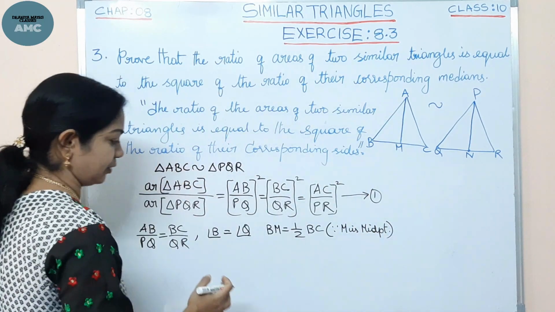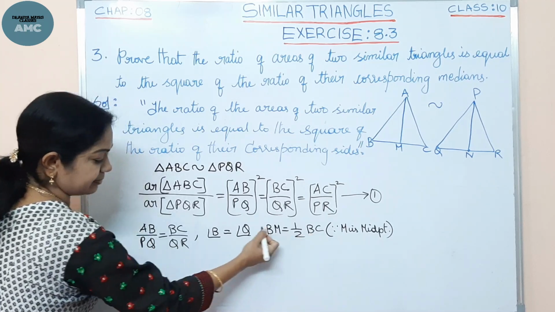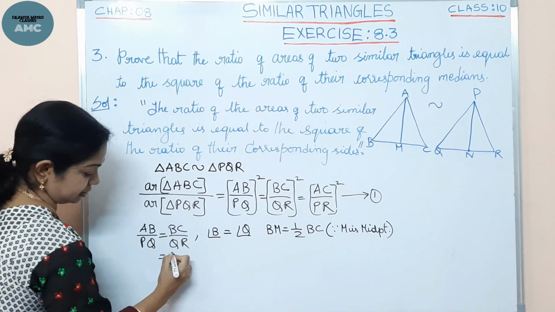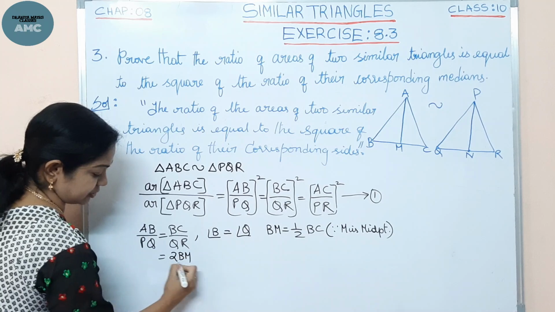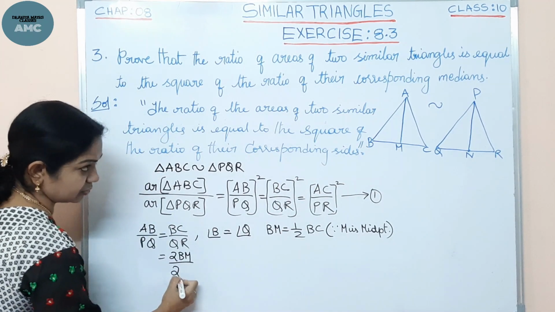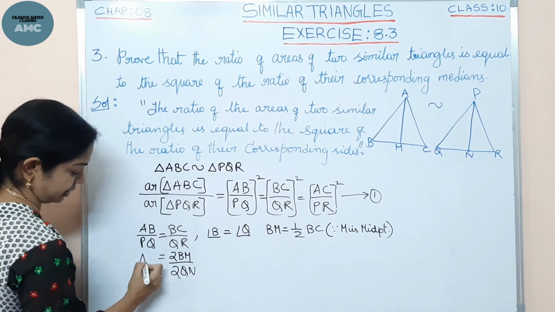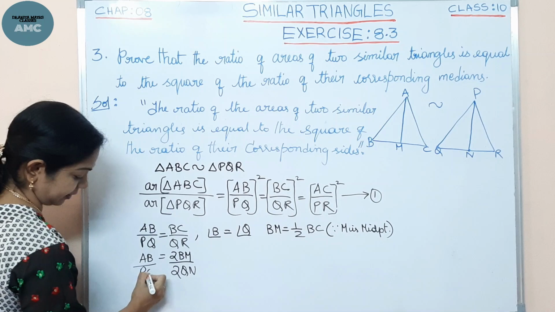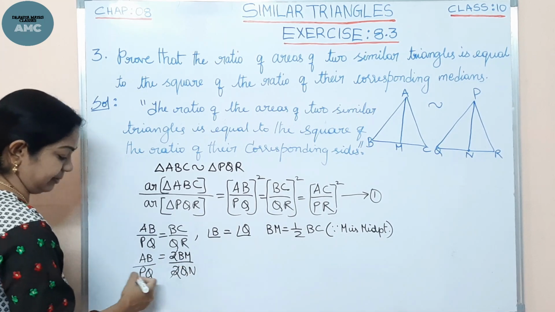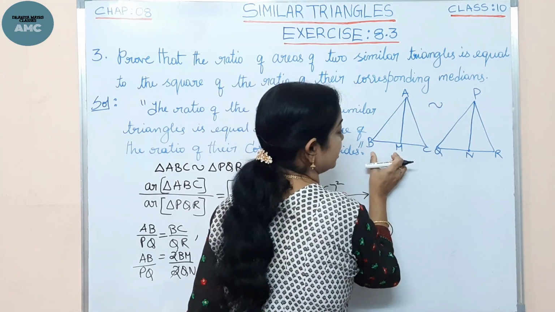So M is the midpoint. So instead of BC, I can substitute 2BM here. Likewise, QR is 2QN, we can substitute. If you cancel 2 and 2, we get AB by PQ is equal to BM by QN.